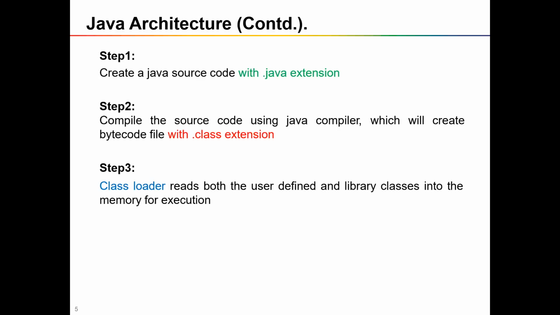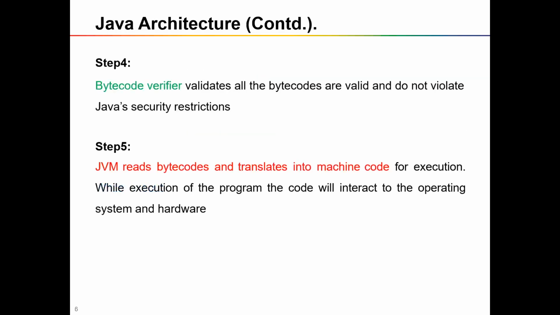During the execution, the first step is that your bytecode has to go through a class loader. The class loader loads our own class files along with library classes into memory for execution purposes.